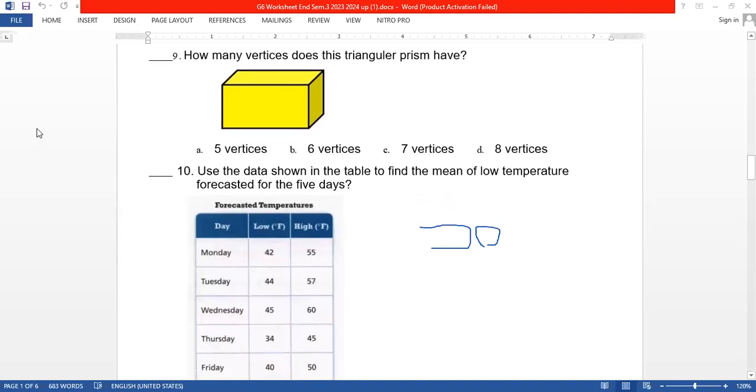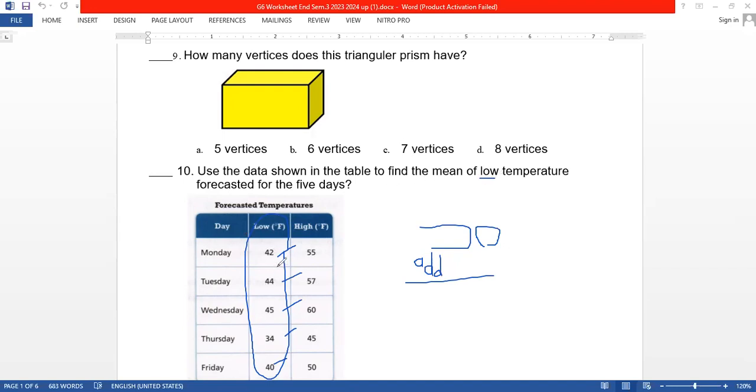So we need to add all the low temperatures: 42 plus 44 plus 45 plus 35 plus 40. I find their sum, and I add all the values of the low because he asked me about the low.